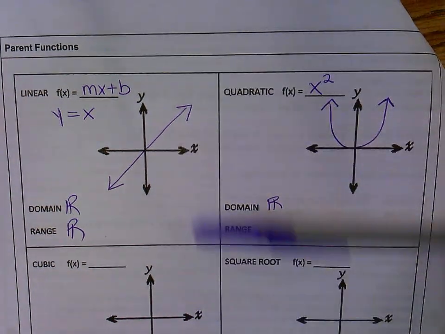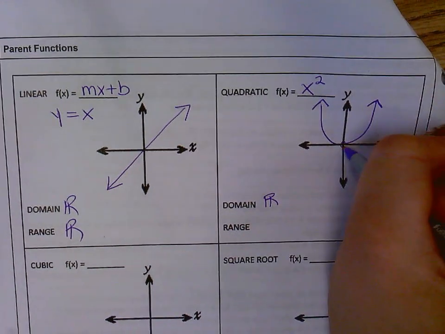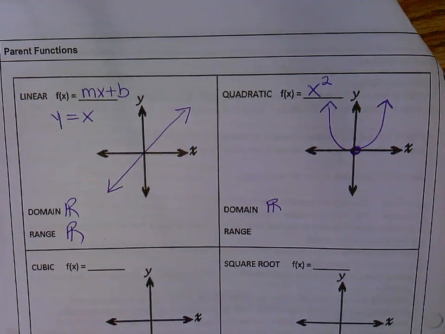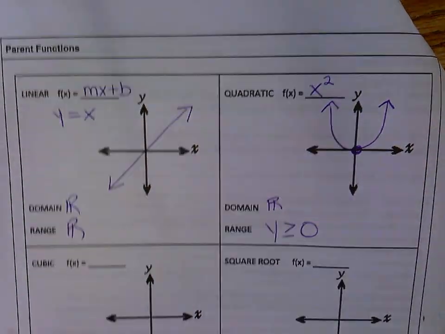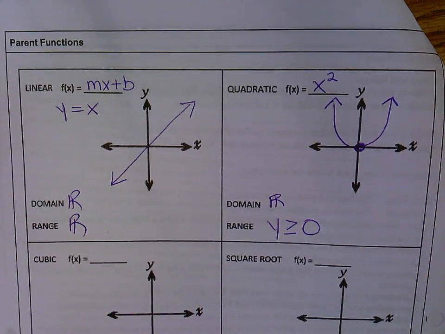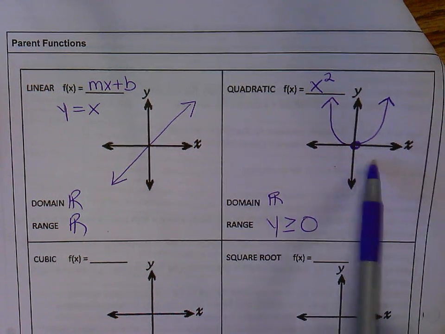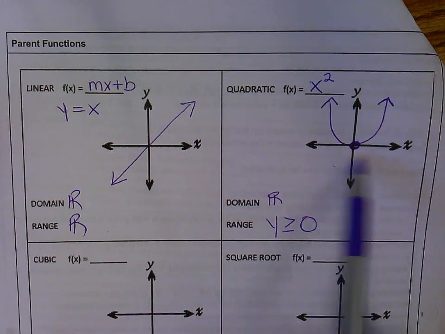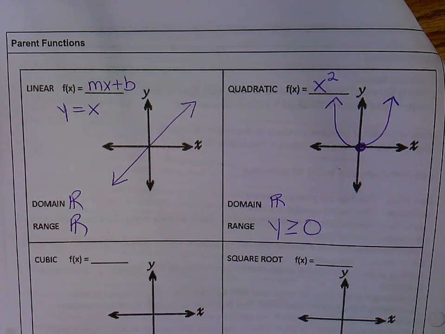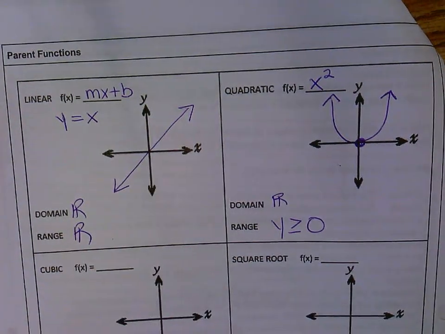So the lowest I can go is where the vertex is sitting. So all my y values are above or equal to 0. Y is greater than or equal to 0. I can never graph down here unless I flip it over or transform it. We're going to look at transforming it this week. How do I transform these functions?